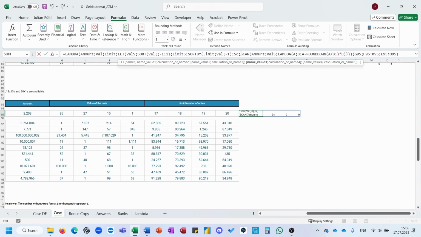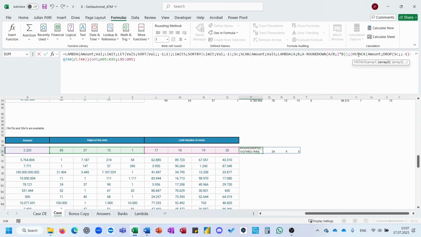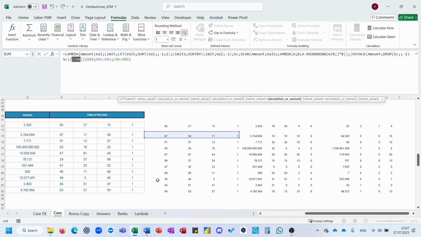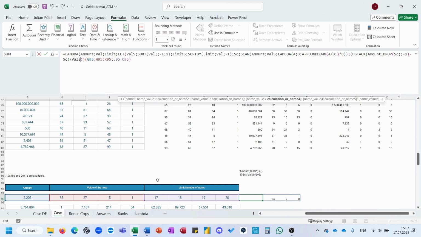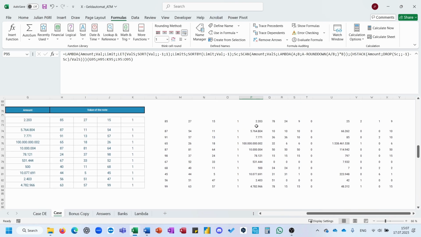Name this as C. This is a stack amount and drop SC the last column, and this is SC, and these are the values, if I were values sorted. Something wrong.